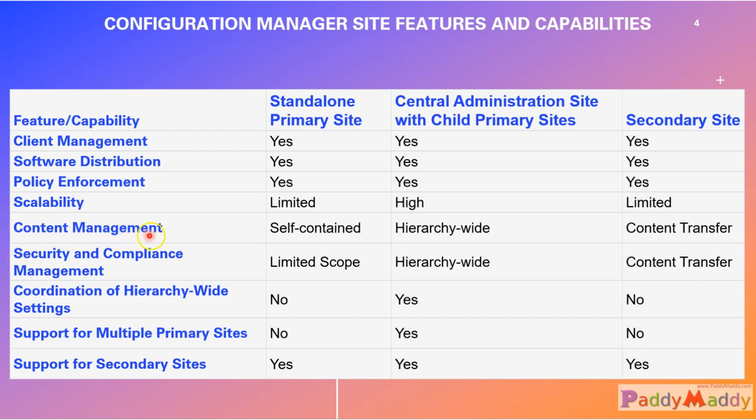And coming back to the content management, it can be done automatically within this, self-contained, and hierarchy-wide it can be done here. The content has to be transferred either from a primary site, basically it could be a standalone or a child primary, to the secondary site. It has to be transferred, and within the secondary sites you also have something called a pre-staging method.